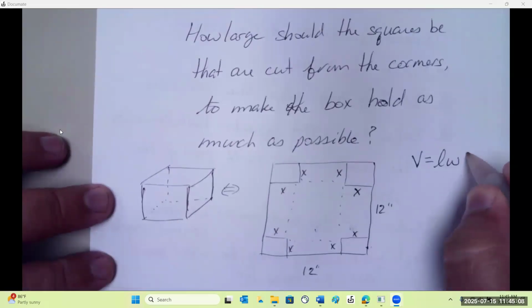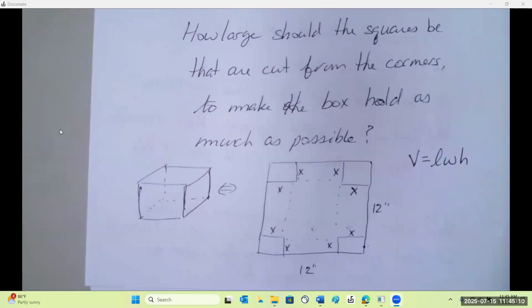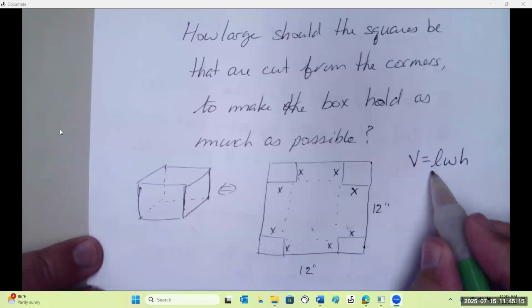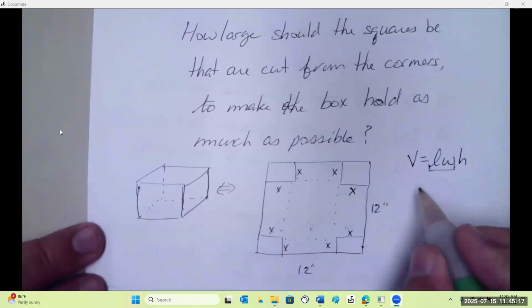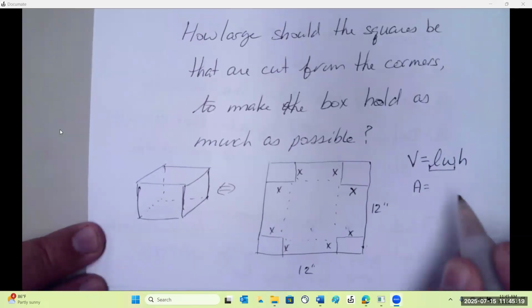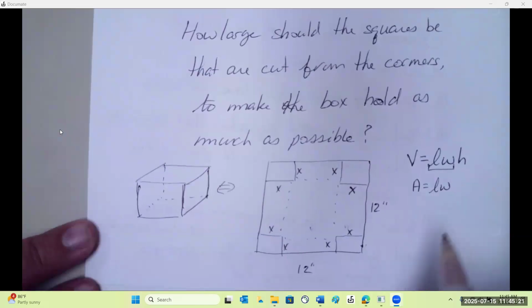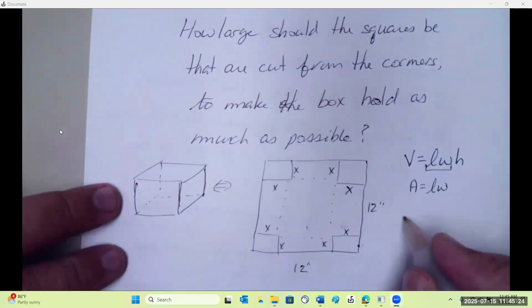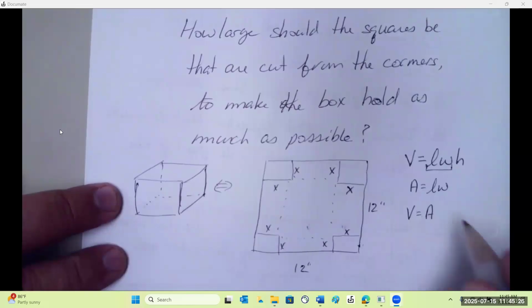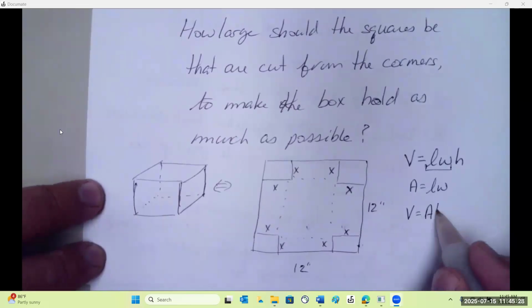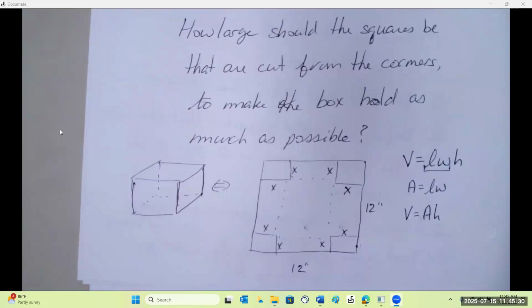Length times width times height. But if you think about it, what is length times width? That's the area. So basically the volume is the area of a square times the height. The area of the box that's remaining after we fold up the sides is the part that's going to change.